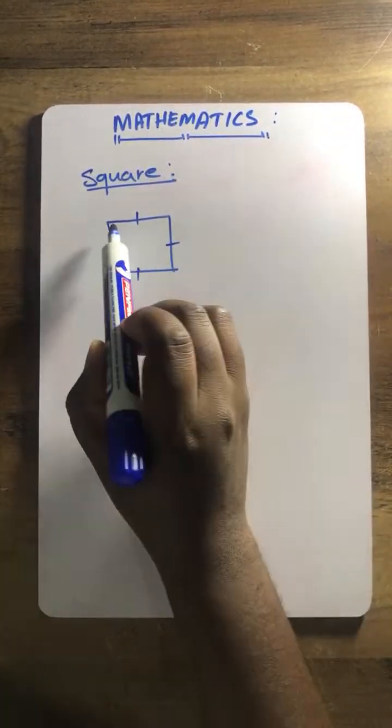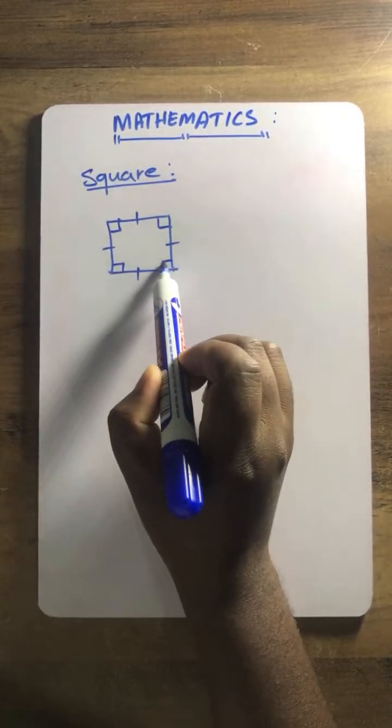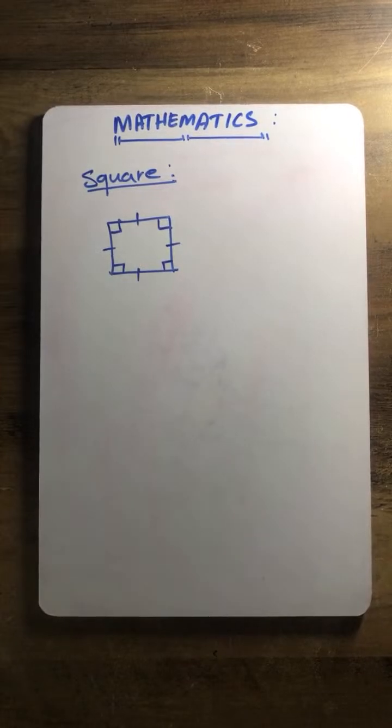And most importantly, the four interior angles are 90 degrees, which obviously add up to 360. But most importantly, when we talk about the perimeter, we are referring to the sum of the outer edges or the outer distance of that particular shape.